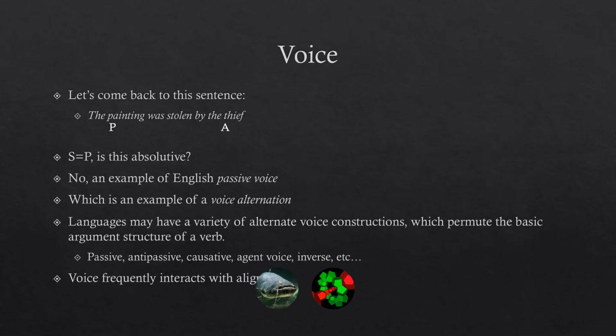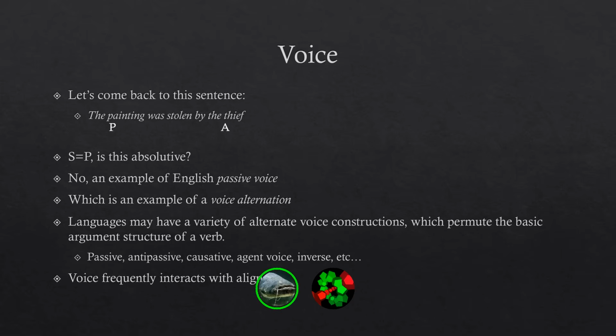So we have this P at the front in the subject position. So this kind of looks absolutive. And maybe you could say that this is absolutive somehow. The question is then what the implications are of that, and that's a different story. Really, what we're seeing here is an instantiation of English passive voice, which is a voice alternation.